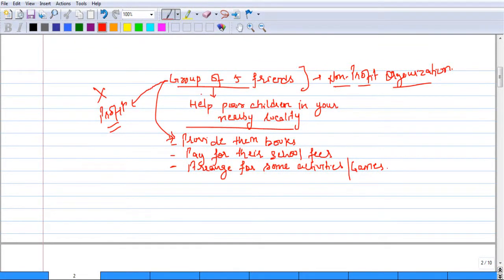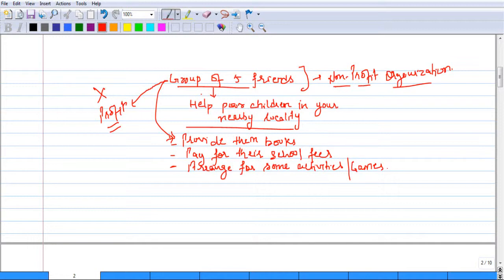Now you might say, sir, if the profit is not the motive, then what is the need of maintaining the accounts? We are five friends who made a group to help the children. We are not earning any income. Then why do we need to maintain the accounts?